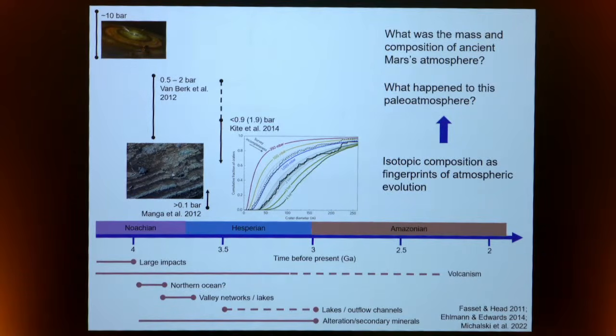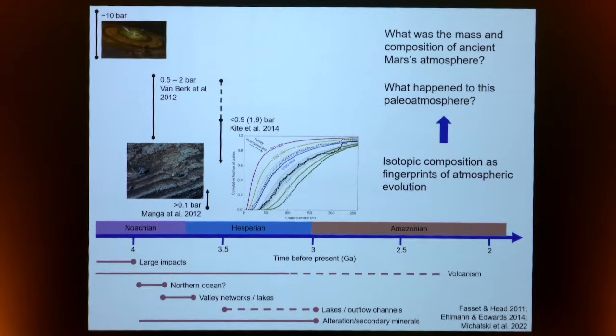And the other question: we suppose that early Mars had a much more massive atmosphere. Then what happened to this atmosphere, how did Mars lose its early atmosphere and become the very thin atmosphere it has today?